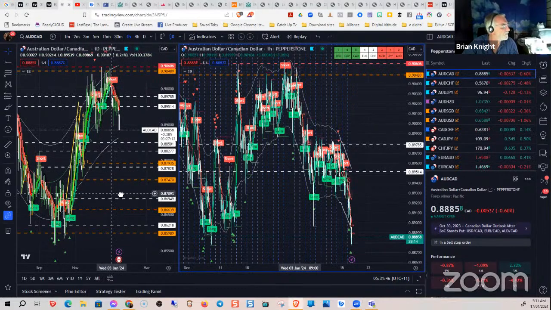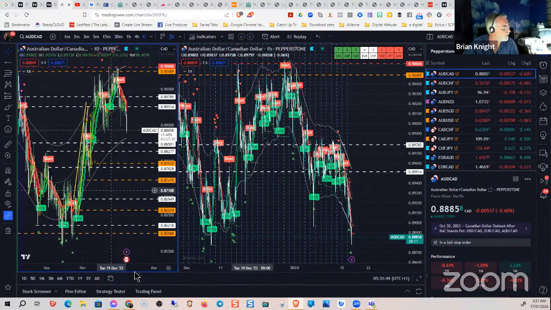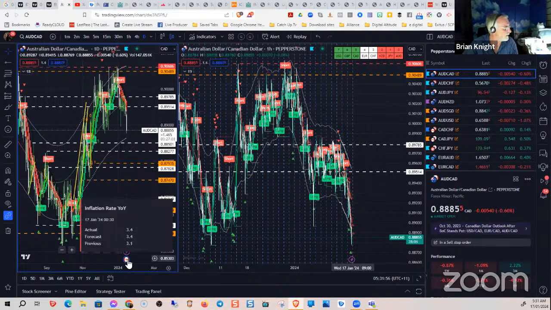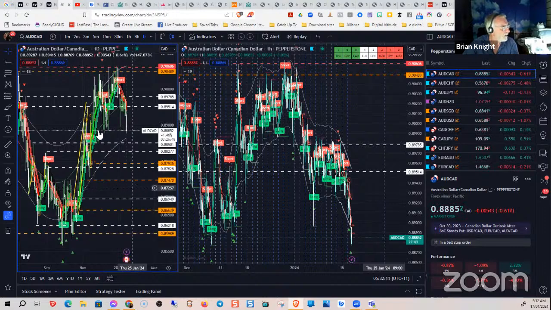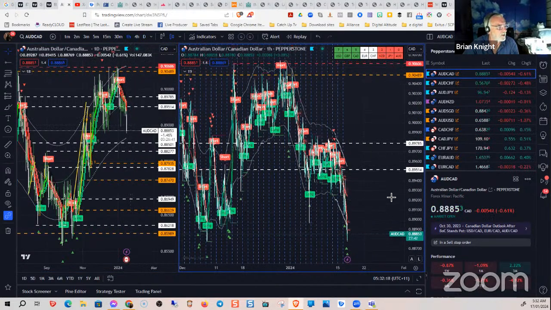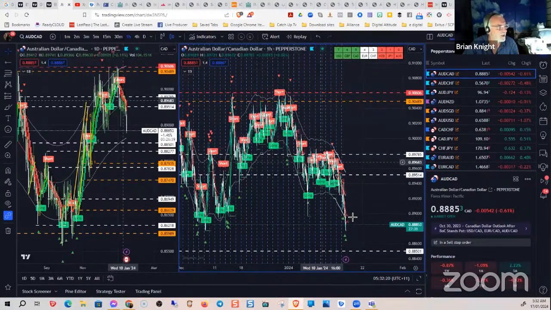So here we go. A bit of that news yesterday, as you had said, Tom. Well, on the AUD anyway. A little bit of sentiment news pushed things, and here's the forecast increase in the Canadian dollar, or the Canadian country, which then adversely affected the AUD CAD.